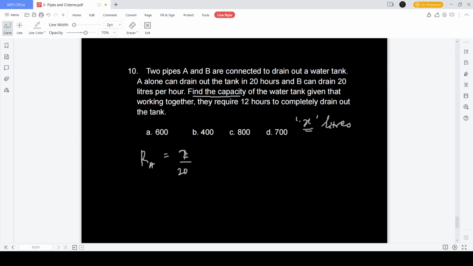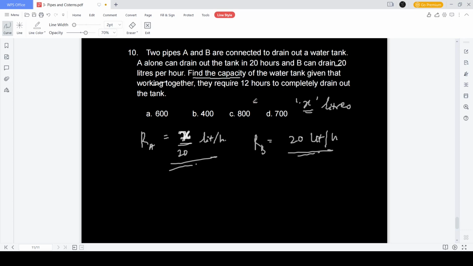So this is nothing but X by 20 liters per hour, right? So this is the rate of A, and B is 20 liters per hour. Working together they require 12 hours to completely drain out the tank.